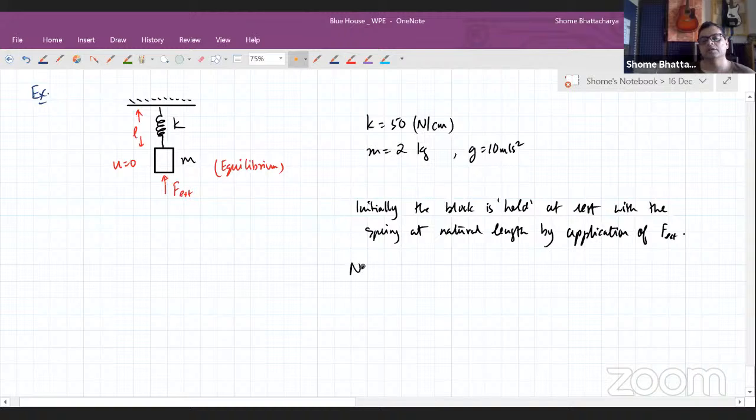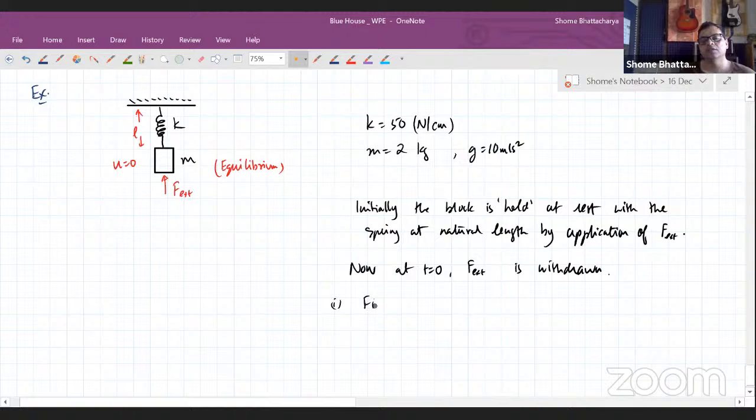Okay. Now at t equal to 0, the external force is withdrawn. It's removed altogether. So the block starts falling.